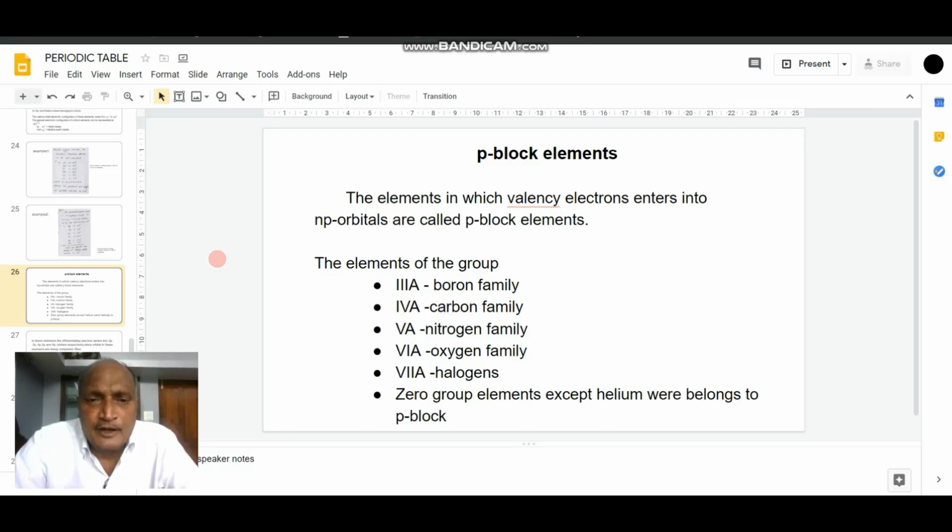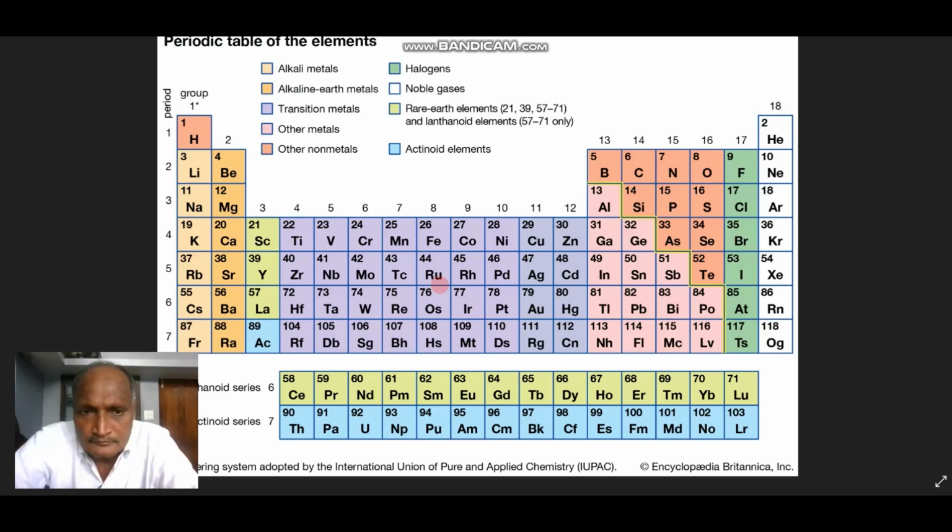The elements belonging to fourth A group, that is carbon family.